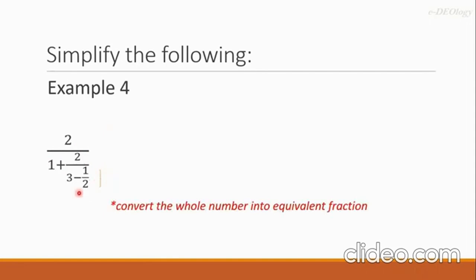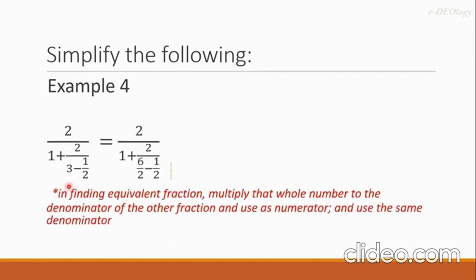So this is 3 minus 1/2. First, we're going to convert the whole number into an equivalent fraction. So the whole number 3, we're going to change into an equivalent fraction. The rule is here. We multiply that whole number by the denominator of the other fraction and use it as the numerator.